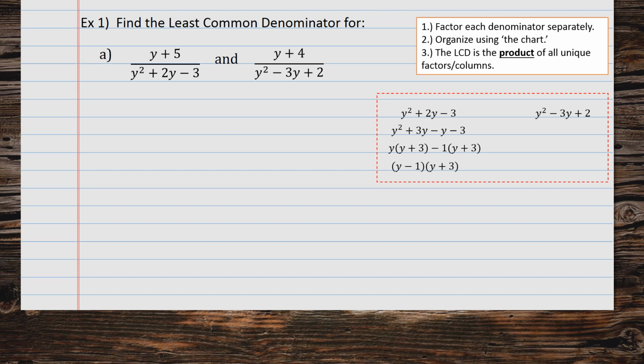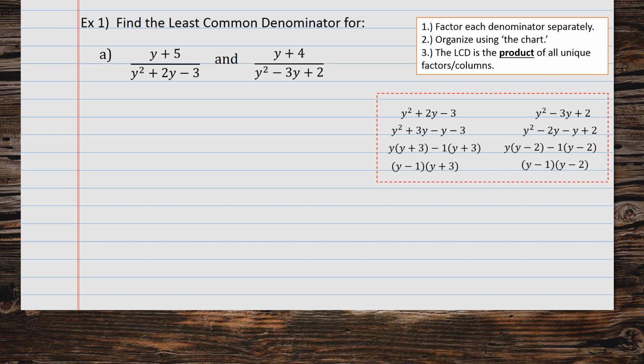Again, because it's a quadratic, we are going to do the AC method, so we expand it, do factor by grouping, and notice it factors into y minus 1 times y minus 2. So all of that was step number 1.